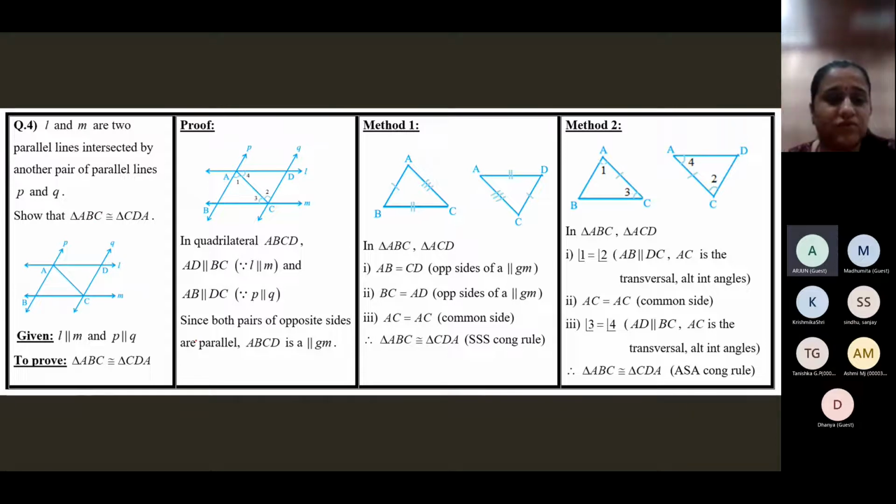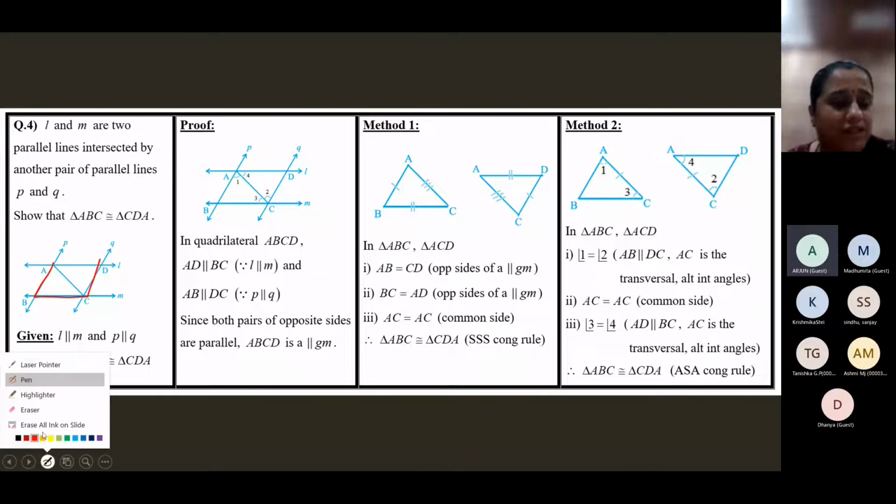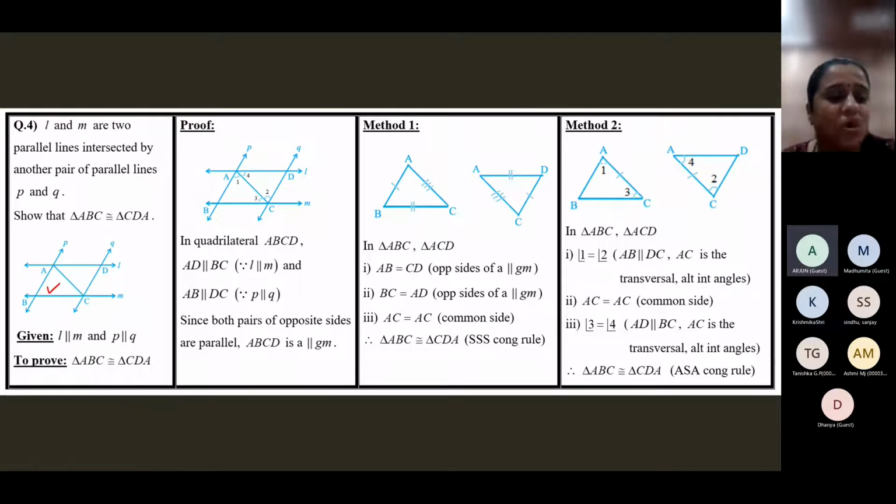So let's see how we have done the first one. For both these methods, you need to first prove that this quadrilateral ABCD is a parallelogram. Okay, let's understand how to prove that ABCD is a parallelogram. See, what we have to actually prove is that this triangle is congruent to this triangle. That is what we have to prove.